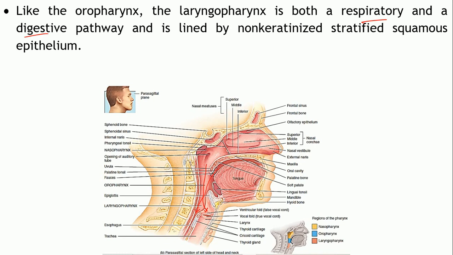So this particular portion, that is the laryngopharynx, the mucous membrane again is lined by non-keratinized stratified squamous epithelium. Now what is the reason for that? Yes, we have seen that oropharynx is also lined by the same type of cells, right, in the epithelium. That's because again it is subjected to the wear and tear or abrasion by the food particles which are entering over here. So that is the reason why it is made up of the non-keratinized stratified squamous epithelium.